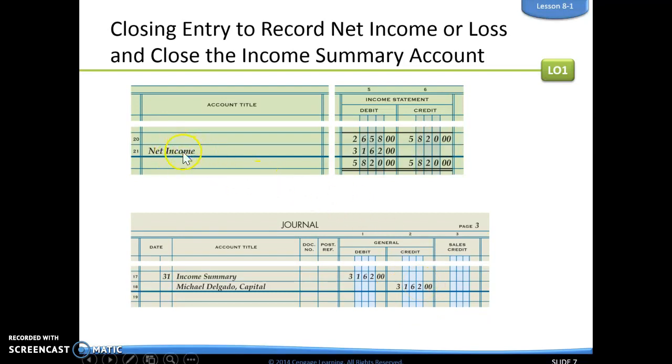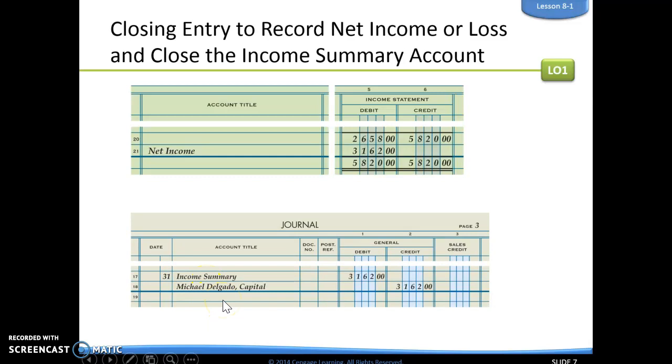Now, if it was a net loss, that would tell me my owner's capital is going to decrease. And to decrease that capital account, I would debit that account. So this is not always going to be this order. We're not always going to debit income summary and credit capital.